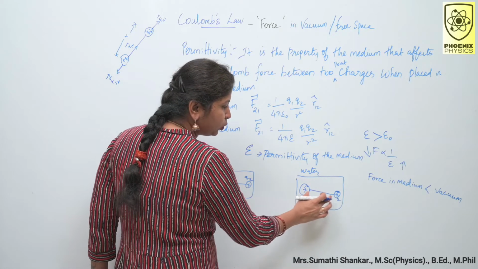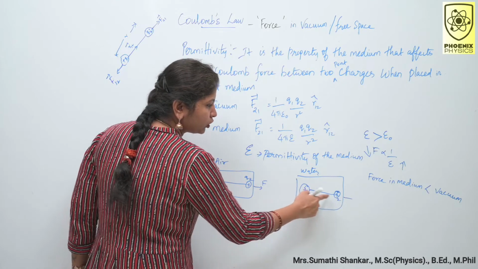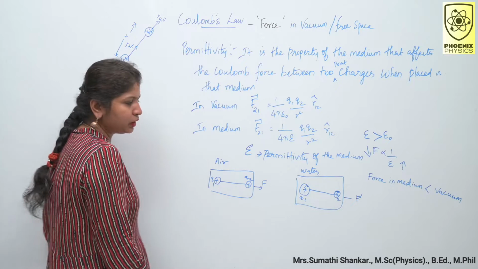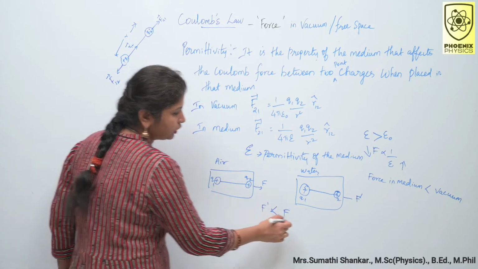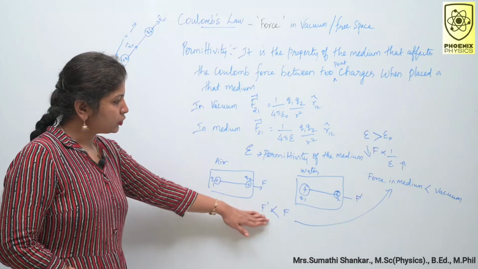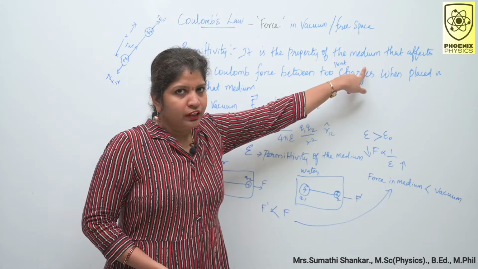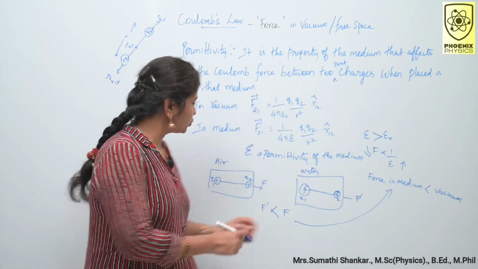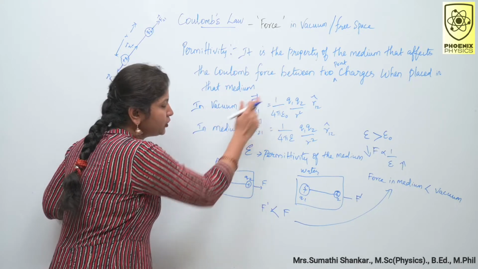Here I kept two positive charges inside the water medium. Here the force on Q2 exerted by Q1 is F prime. So what is the meaning? F prime is less than F. This is the meaning. That is why I said it is the property of the medium that affects the Coulomb force between two charges when placed in the medium.